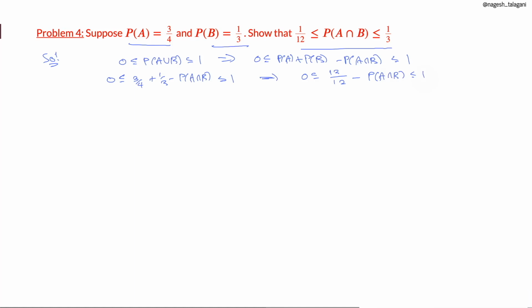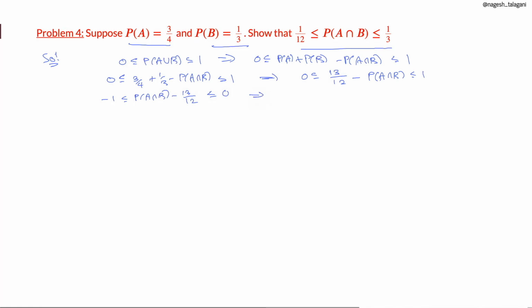So if we multiply each side by minus, minus 1 is less than or equal to probability of A intersection B minus 13 by 12, less than or equal to 0.